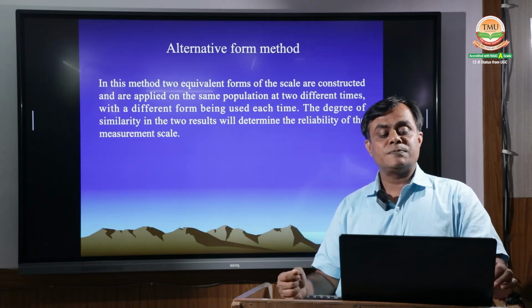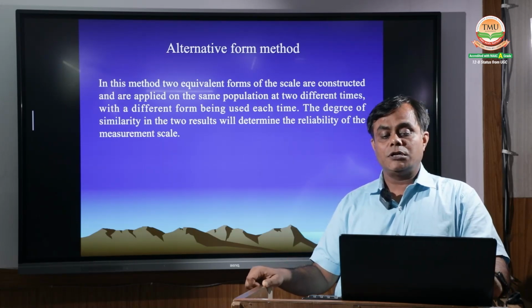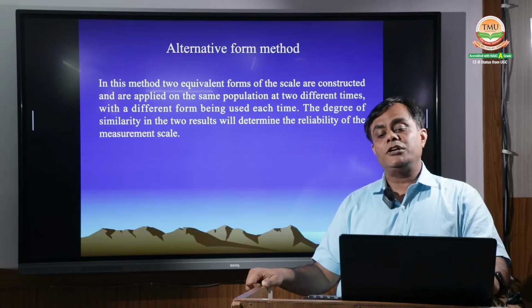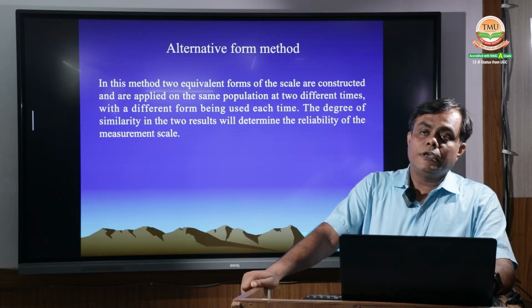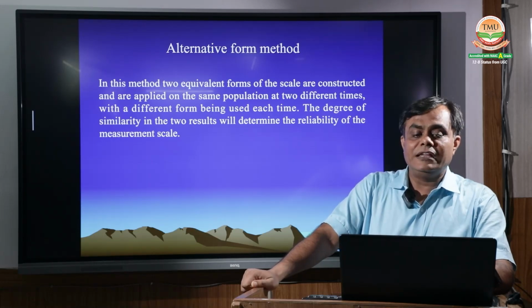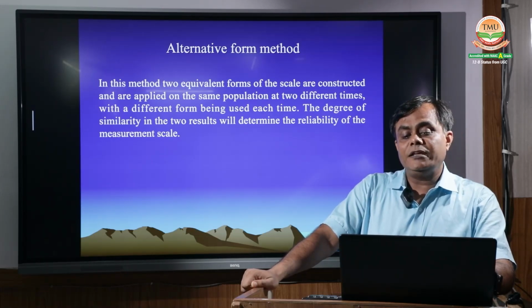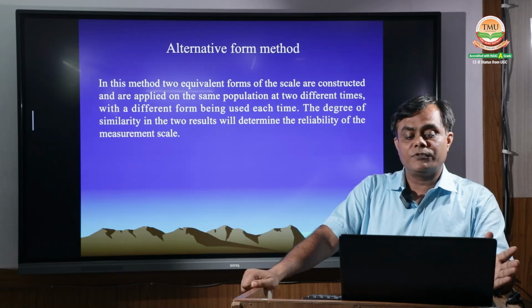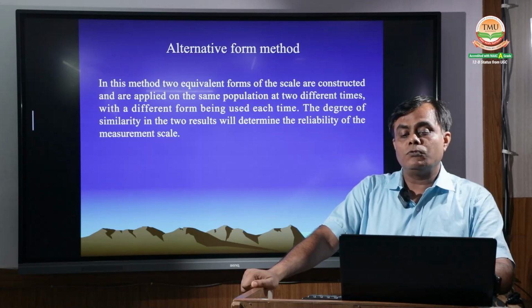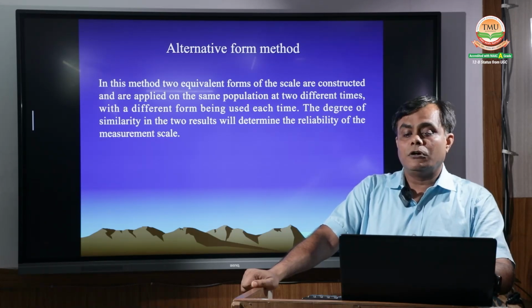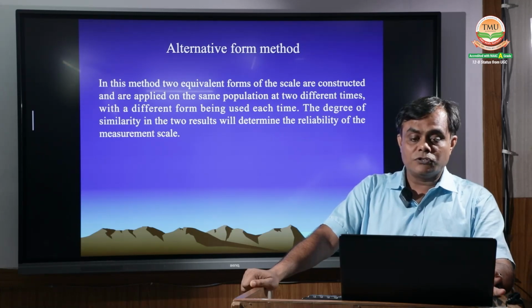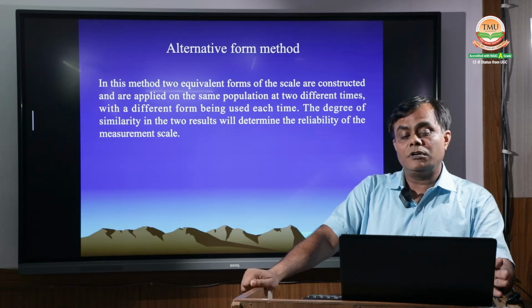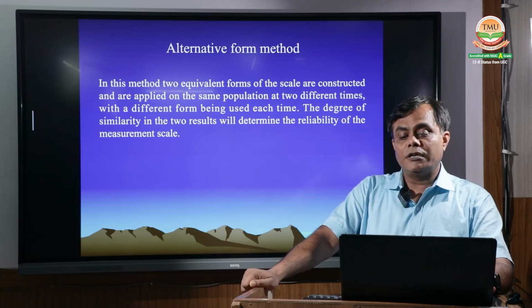Split-half method. In this method, the total scale items are divided into two equal halves. As per its name, we divide into two equal halves, for example even and odd numbered items, or the two sets of the scale are administered separately.